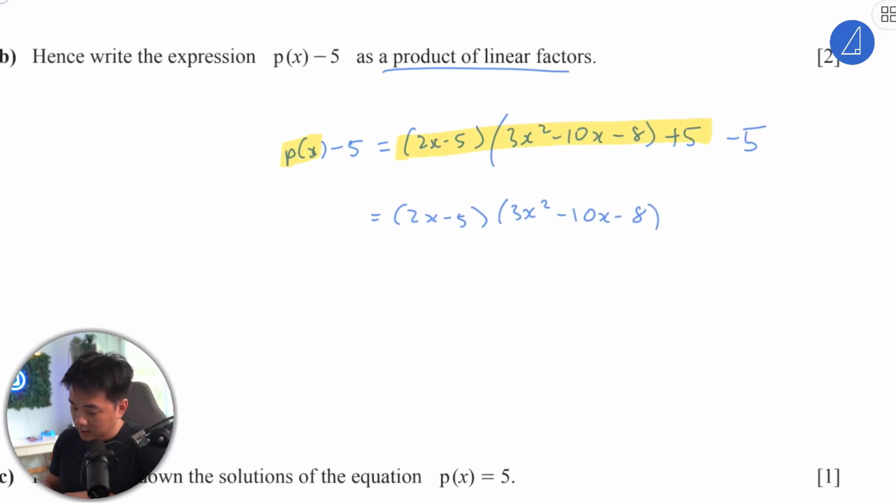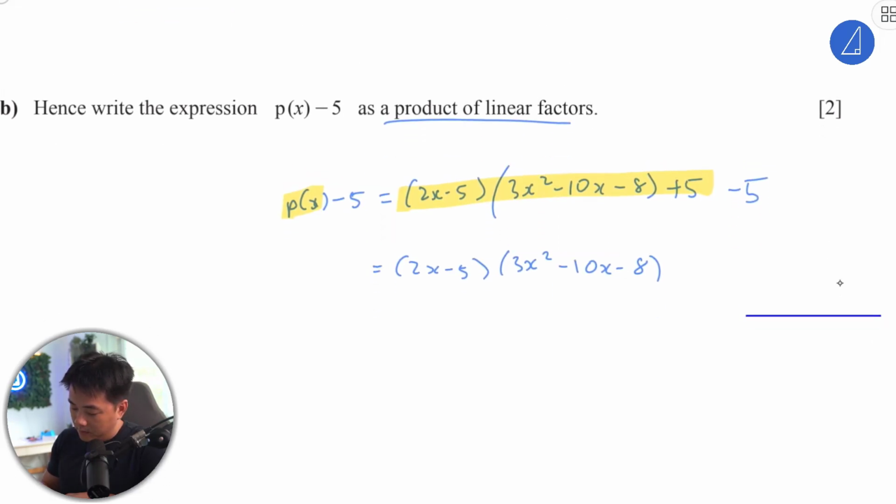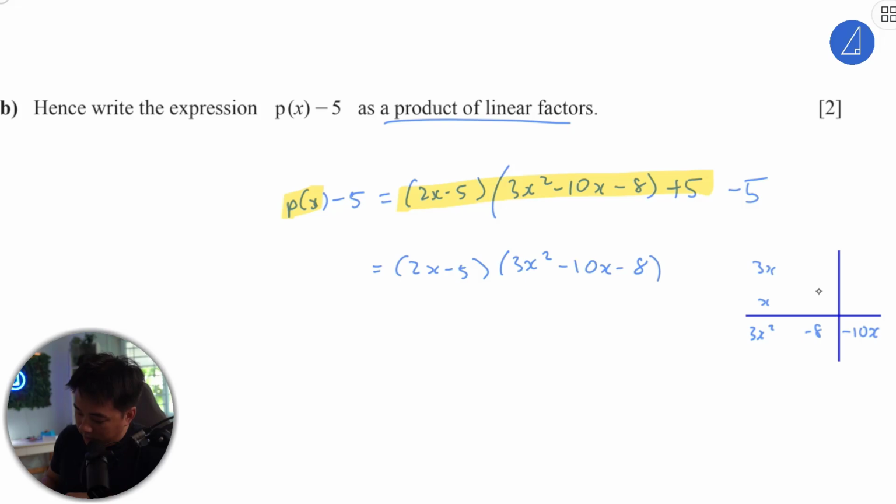But we could factorize this. Okay, so again, I'm just going to use the normal table method to do it. What we get is 3x squared minus 10x minus 8. So be 3x and x. Then I need this to be 4 and 2. So this is 2x, and this will be 2 times x is 2x. 3 times 4 is 12x.